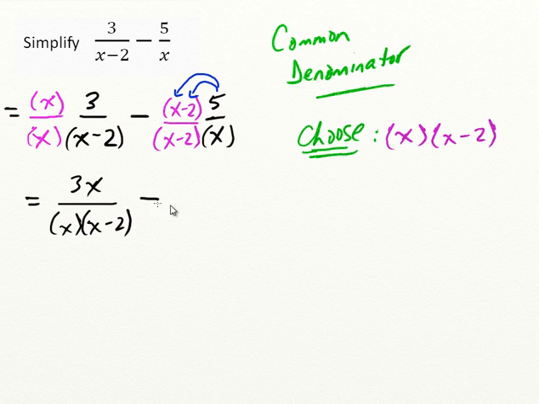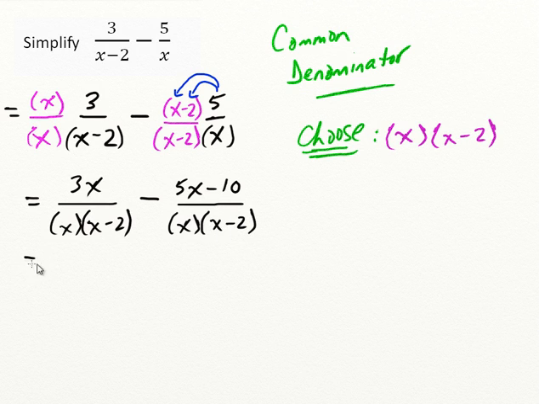We are going to subtract, well, 5 times x is 5x, and 5 times negative 2 is negative 10. All of that over the exact same denominator, x times x minus 2.